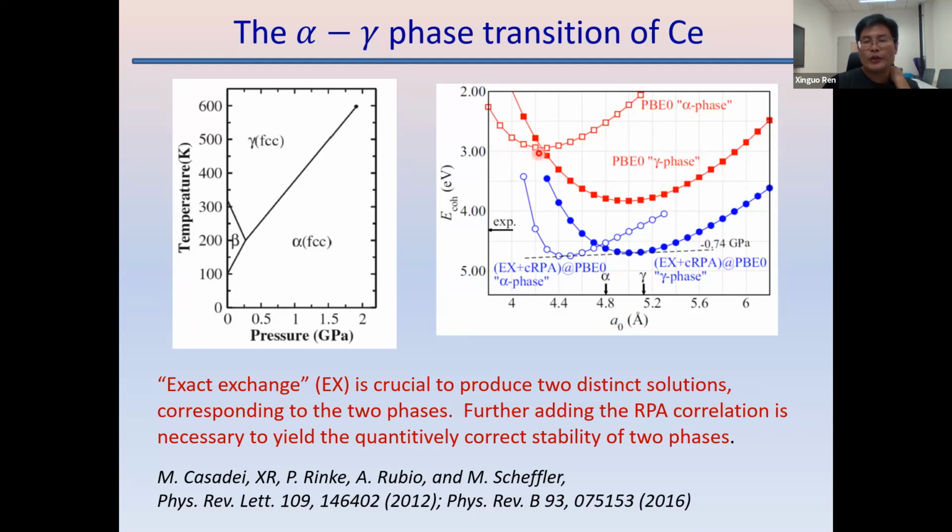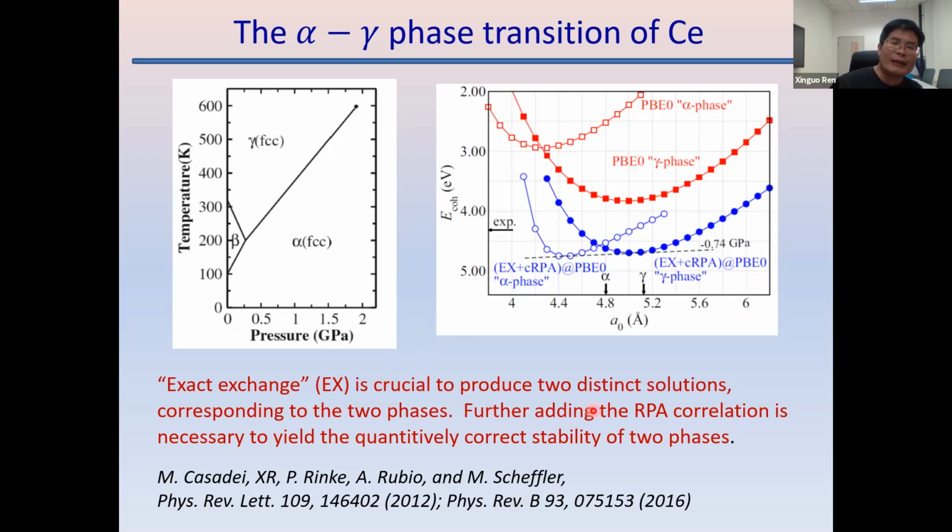But the energy ordering given by PBE0 for these two phases is not consistent with the experiment. Only after a correction by adding the RPA correlation energy can one see that the alpha phase is preferred over the gamma phase at ambient conditions.